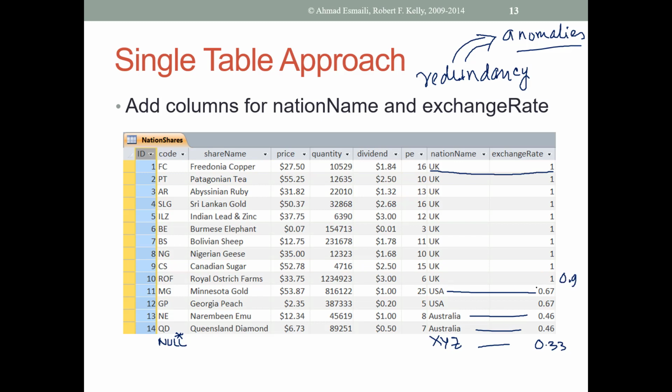That update or modification of the exchange rate, you will have to do for all the records. You'll have to update it here, here, all these 10 instances, which is inefficient, and it may result in some inconsistency. That's another problem, which we call the modification anomaly.